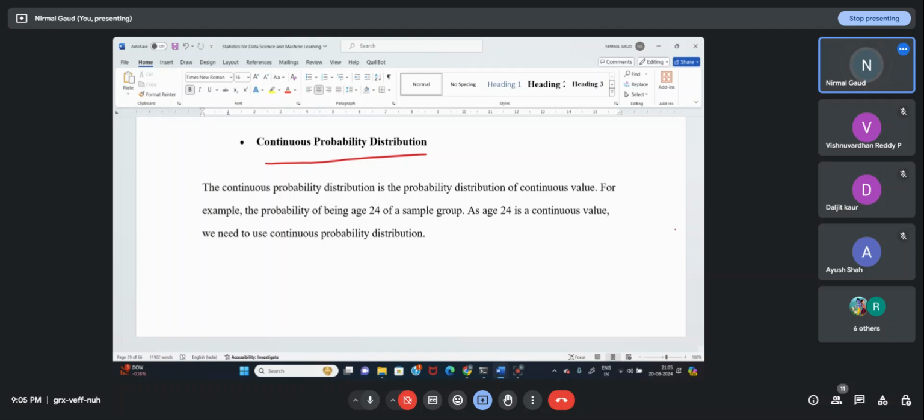When your data outcomes are continuous in nature, then you can apply continuous probability distribution over it. Age, for example, is one of the features which you can represent in the form of continuous probability distribution.